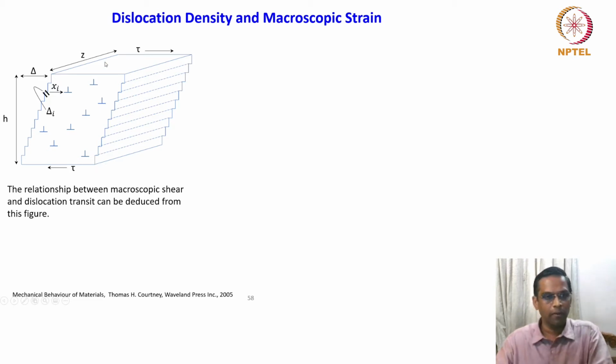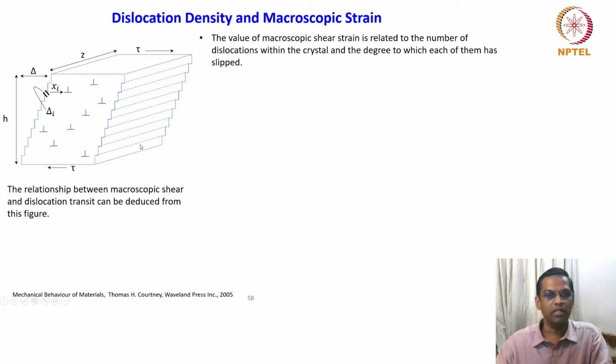It is a complete shear, where the height is h, the displacement is delta, the dimension is z, the length is L, and the shear force is applied in these two directions. The relationship between macroscopic shear and dislocation transit can be deduced from this figure.